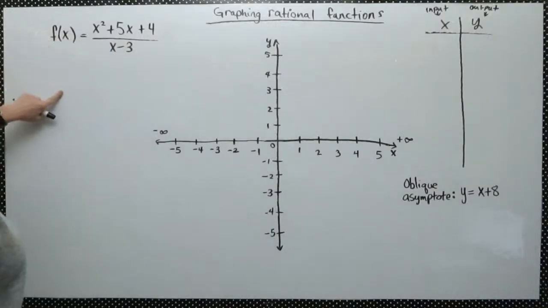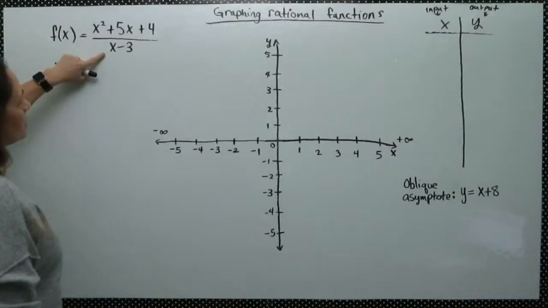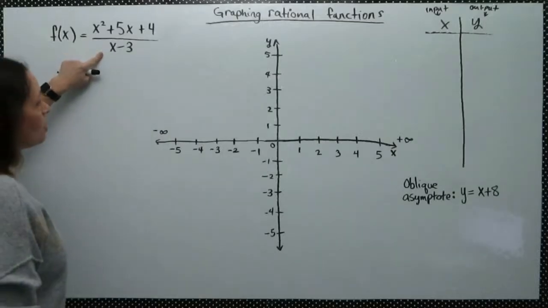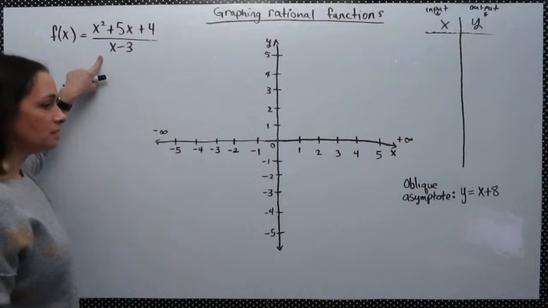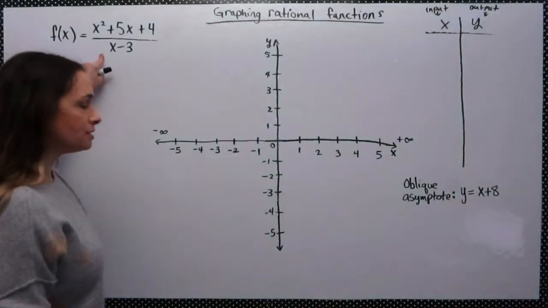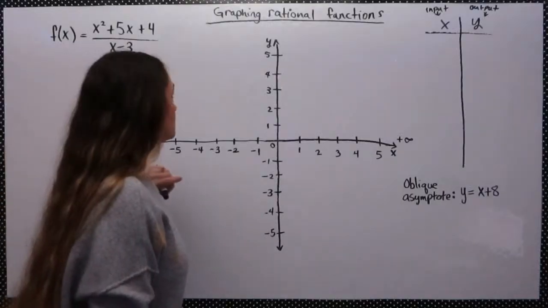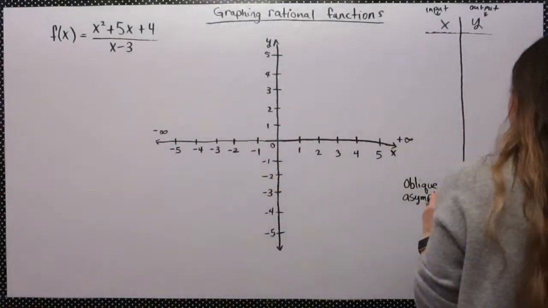All right, back to the function. So we also have a value in the denominator that is going to go to 0. If you've been listening to my lectures the last couple of days about rational functions, we also have a vertical asymptote where the denominator is going to 0.